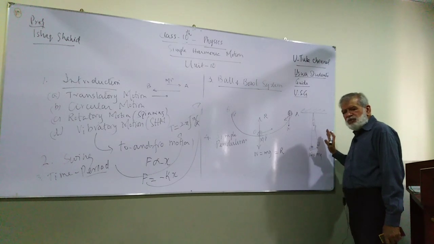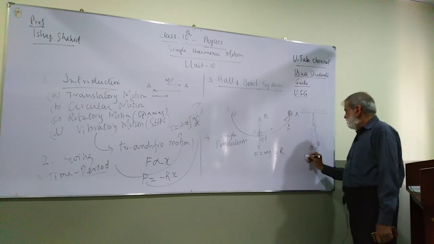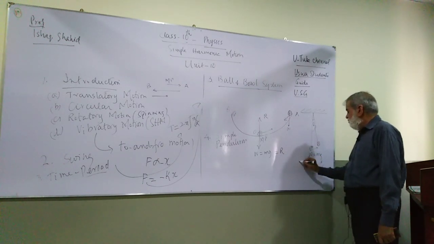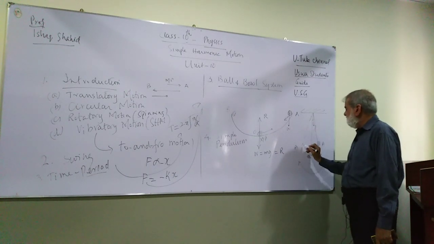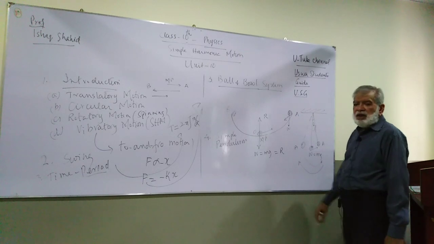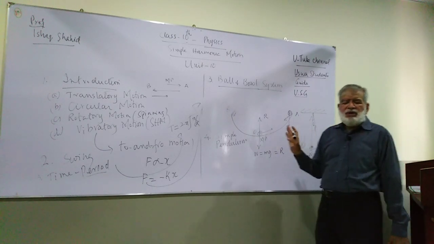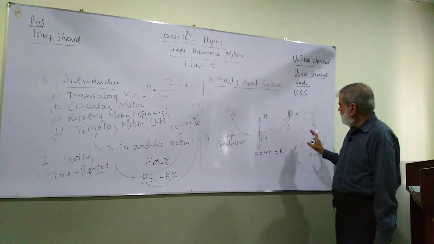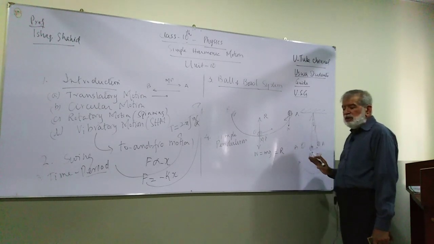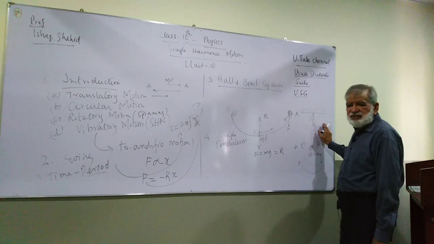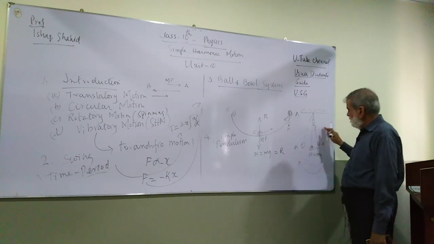When you release it, the ball starts performing simple harmonic motion from one extreme position A to another extreme position B. This is also an example of simple harmonic motion in which the body is moving around the mean position, and this is the case of a simple pendulum or a swing.